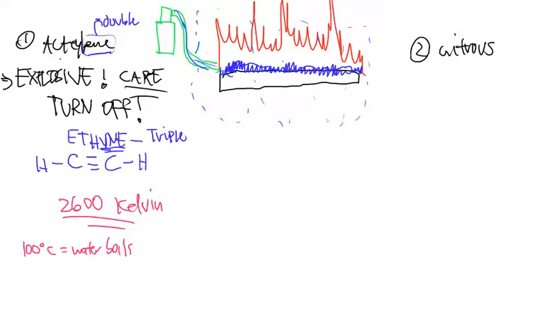If I wanted to convert that over to Kelvin, I would add 273. So at 373 Kelvin, that is when water boils. So if water is boiling at 373 K, now you have a comparison on how hot 2600 K is going to be.